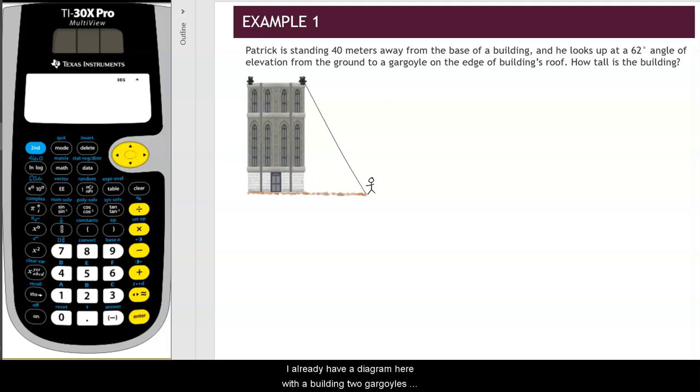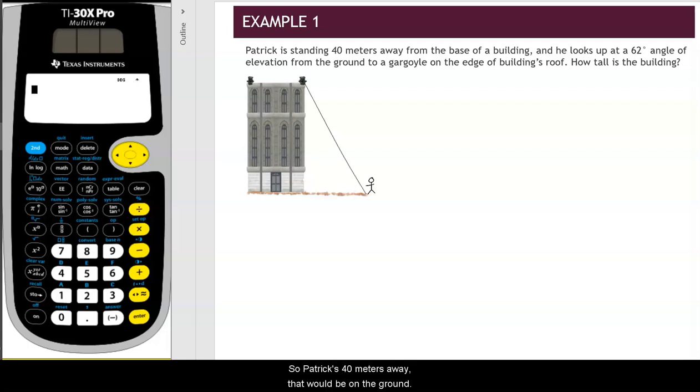I already have a diagram here with a building, two gargoyles up there at the top, and a person standing a certain distance away. I'm going to label all of the dimensions I was given so we can figure out which trig function or trig law we need to use in order to find the height of our building.